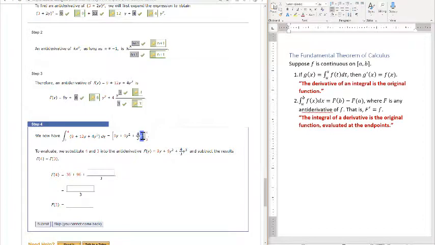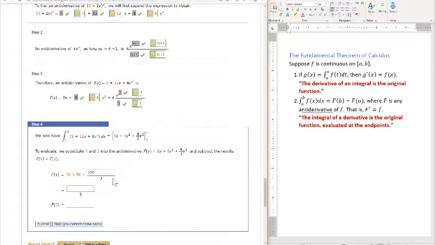So 4 times 4 is 16, times 4 is 64, times another 4, that's going to be 256. So 256 for our numerator there.